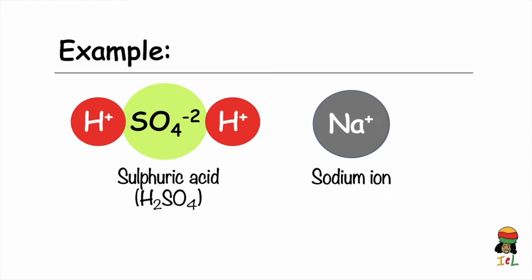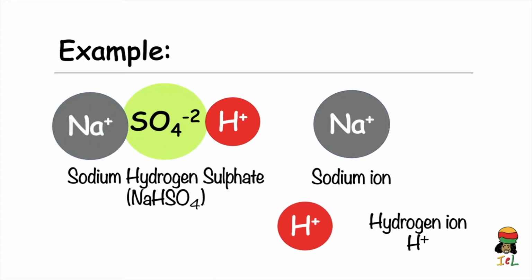So if only one hydrogen ion of the acid is substituted, the salt formed still has one hydrogen in its chemical formula. So here we have one hydrogen ion being substituted by a sodium ion. So now we have sodium, hydrogen, and the sulfate ion making up this salt, and so the formula is NaHSO4, and the name of that salt is sodium hydrogen sulfate.